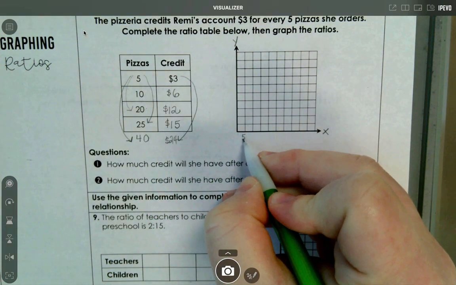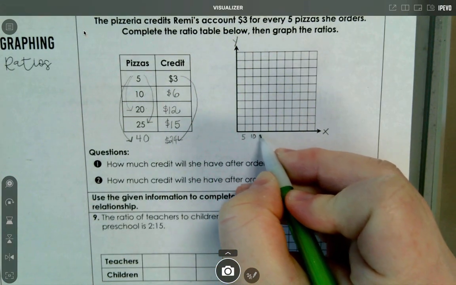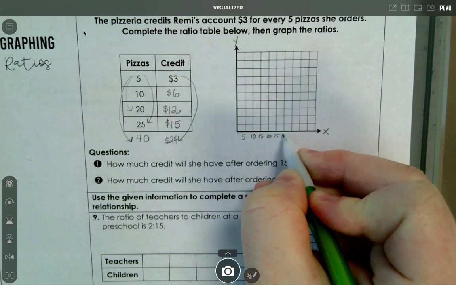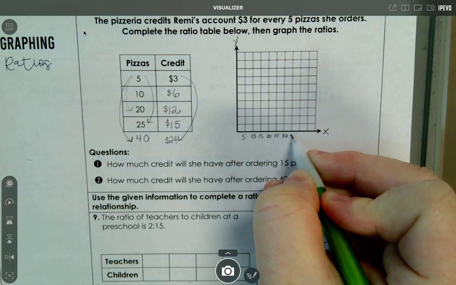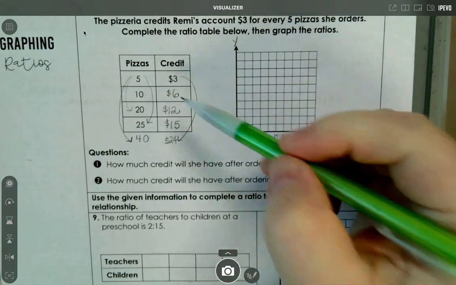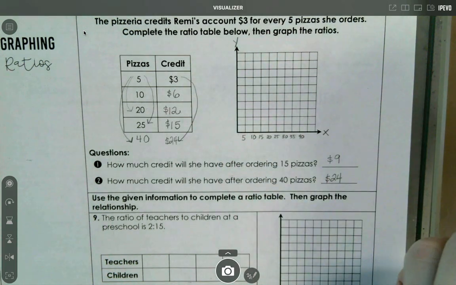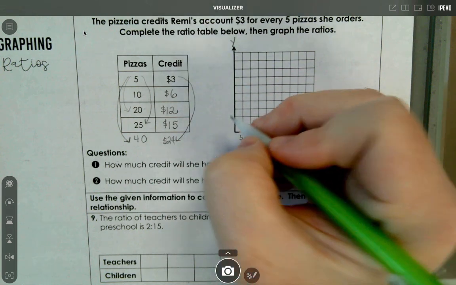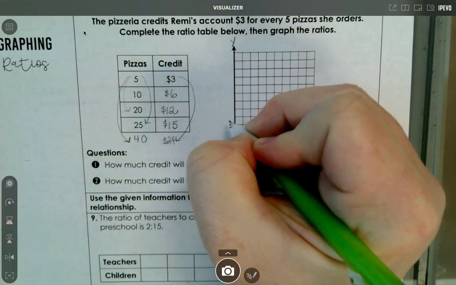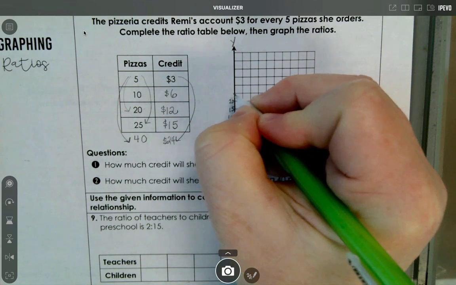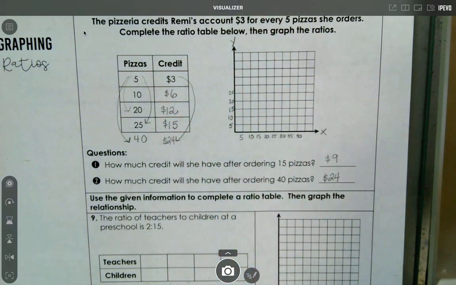So 5, 10, 15, 20, 25, 30, 35, 40, okay? And then I think I'll just do the same because we jump up a lot there. 10, 15, 20, 25. We'll stop there.